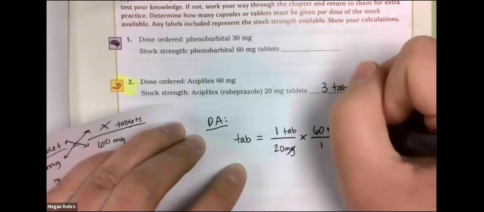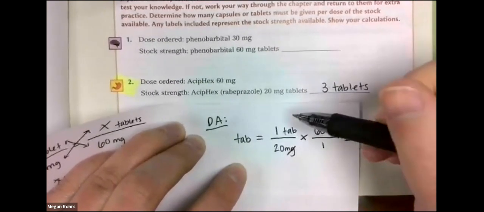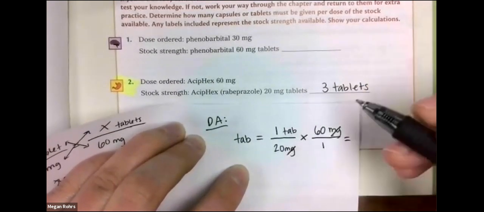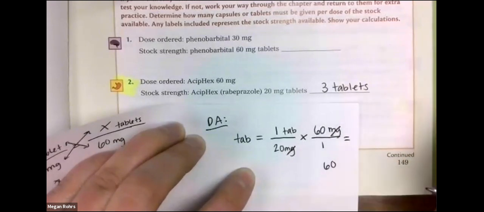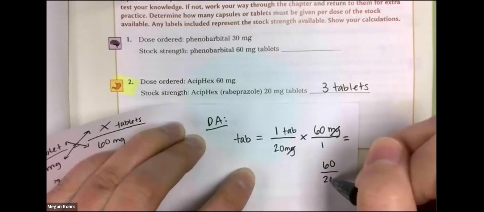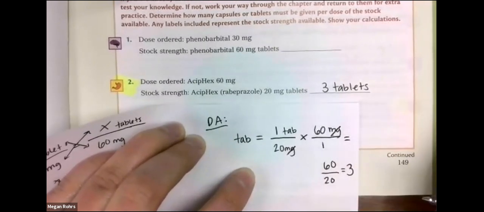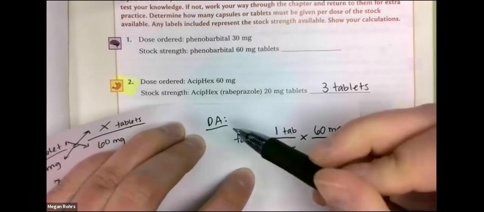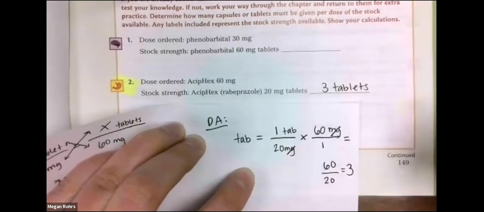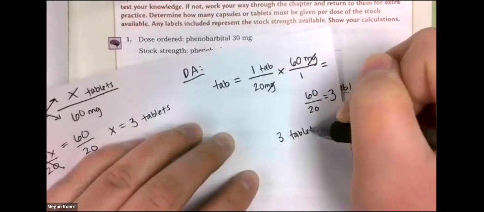Milligrams will cancel out. Now we can solve. So 1 times 60 is 60. 20 times 1 is 20. 60 divided by 20 still equals 3. And I have my unit left over here. So 3 tablets.